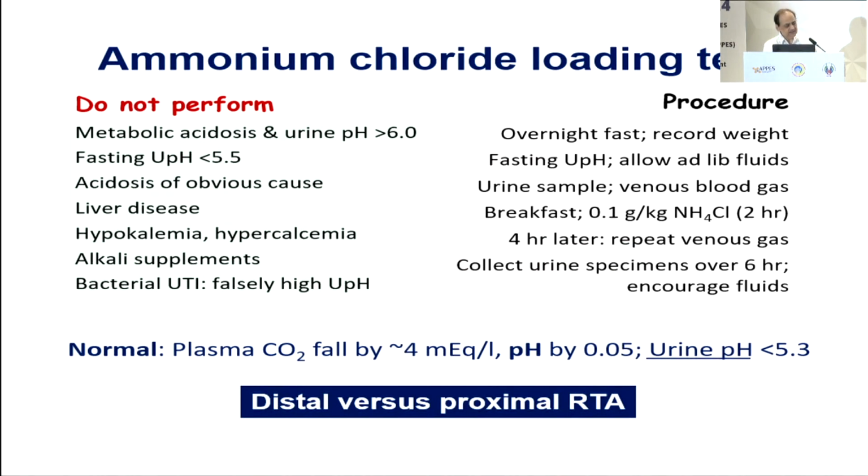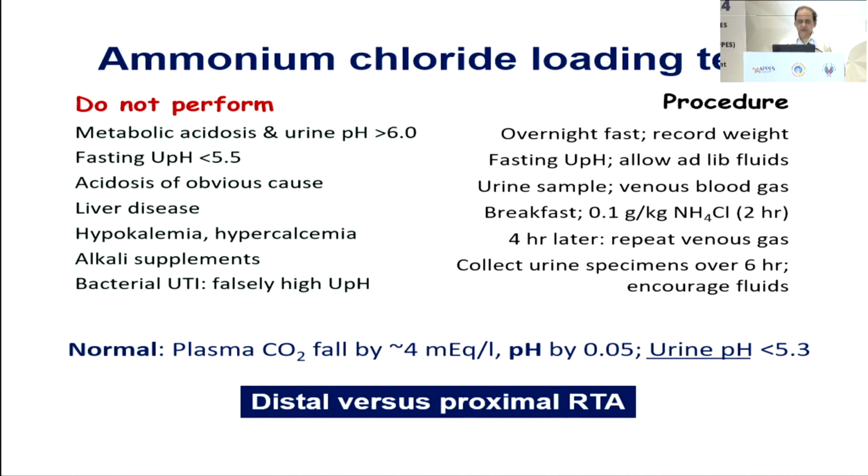The tests that we do to look for urine acidification ability are two tests, and I will not go into details on this. You can take a copy of the slides later. The standard procedure involves giving ammonium chloride, 0.1 gram per kg, and then looking at the urine pH over the next 6 hours. This is a simple test that we have all been doing at academic centers for years.